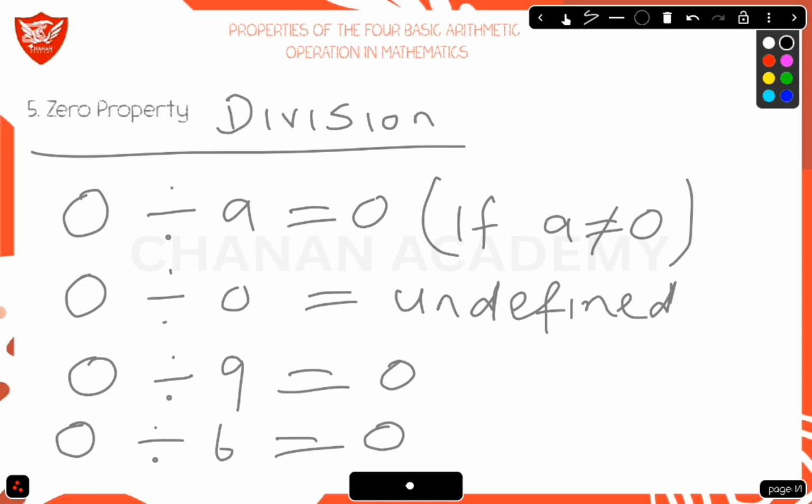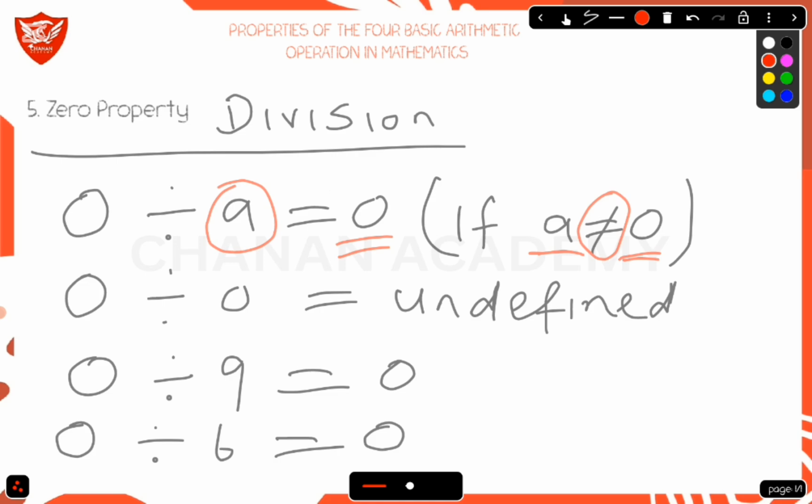What I mean is, if a is a value and it has to divide 0, it will result to 0 so long as the value a is not equal to 0. I hope you remember this symbol.